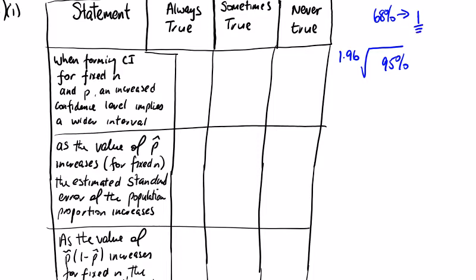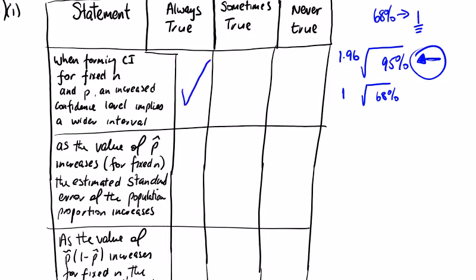We know that's 1 standard deviation, but it's pretty much rounded off to 1. So if I multiplied 1 by this number, this would give me a 68% confidence interval, which will be a smaller margin than that. And similarly with a 99.7% confidence interval, it's going to make this even wider and wider. This number is going to make it bigger and bigger. So we can say that this is definitely always true.